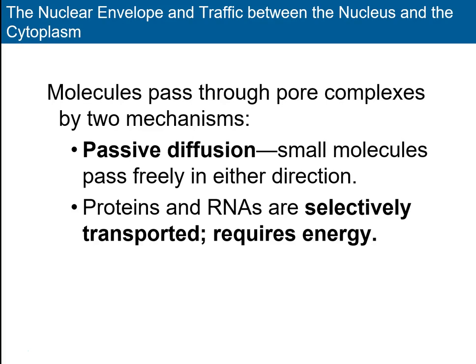Okay, so molecules can pass through those pore complexes by two mechanisms. Passive diffusion, easy: small molecules will just pass freely in either direction, moving along their concentration gradient. However, there also is a lot of selective transport, okay? Proteins and RNAs, like we talked about on that last slide, have to be selectively transported, and that requires energy.